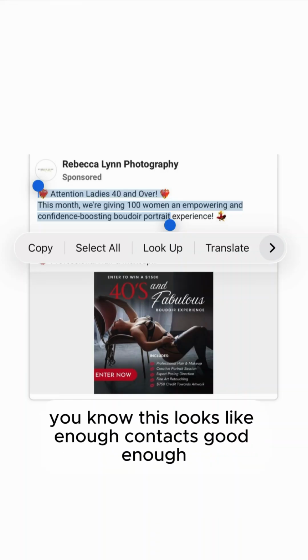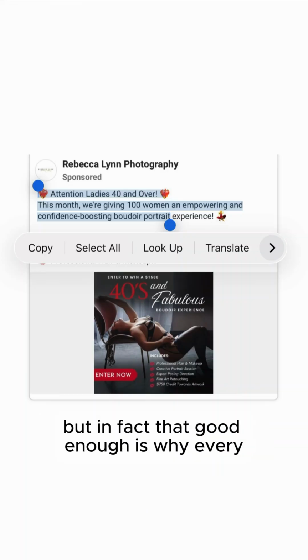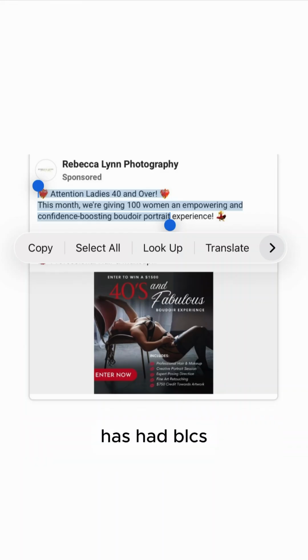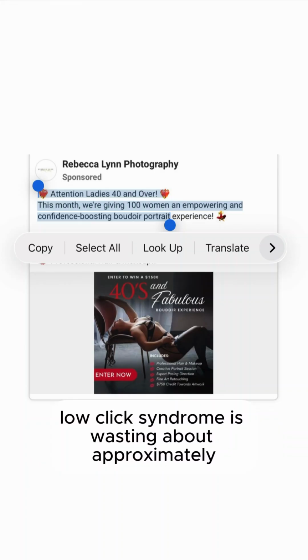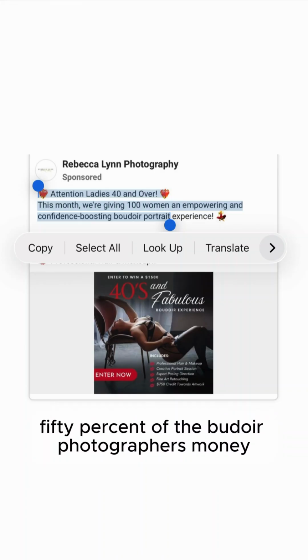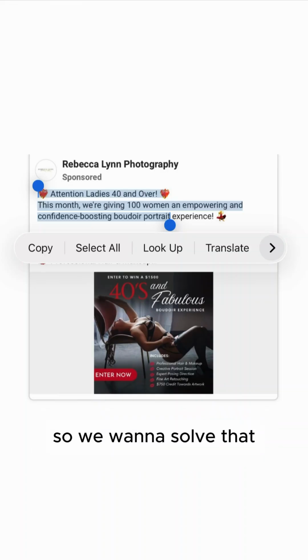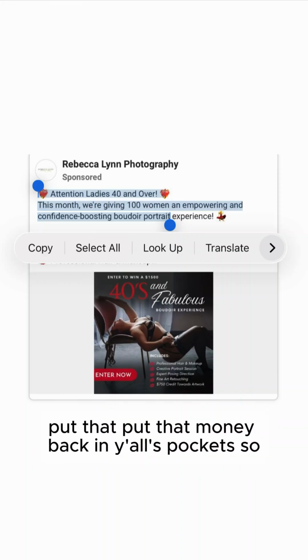This looks like enough context, good enough. But in fact, that good enough is why literally every boudoir Facebook ad I've seen and tested has had BLCS, aka Boudoir low click syndrome, and is wasting approximately 50% of the boudoir photographer's money every single day, every single month. So we want to solve that, put that money back in y'all's pockets.